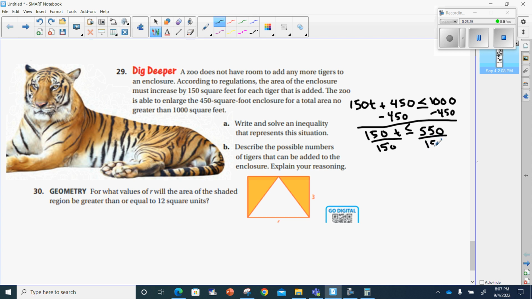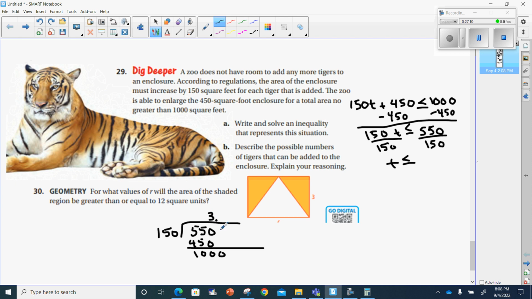Whatever I divide from one side, I divide from the other. Now T could be less than or equal to, let's see here. Well, it's an improper fraction. 550 divided by 150. Let's just do that over here. I know it goes into it 3 times because that would be 450. And I can't add another 150 to that, so that was 3 times. That's going to give me 100 left over, which I would have to put a 0 to, in order to keep going.